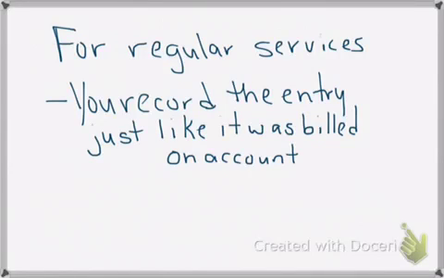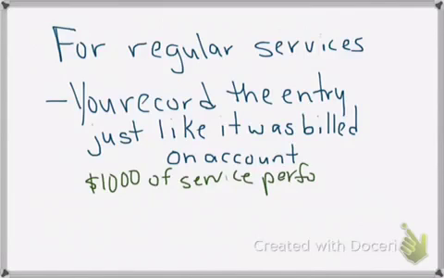When we look at our regular services, we will record the entry just like if we had billed it on account. So if we are looking at an entry in which we have, let's say, $1,000 of services that have been performed and are unbilled, then what we would do is we would have to make this journal entry.